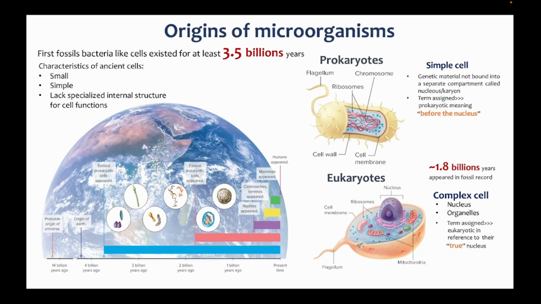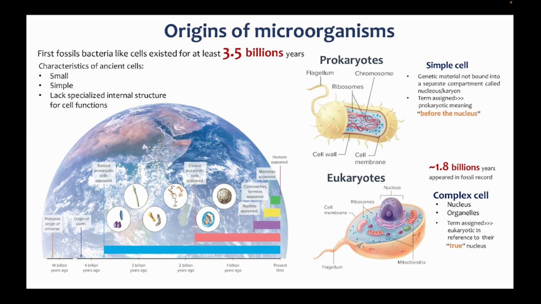Origin of microorganisms: 3.5 billion years ago. The belief is that simple organisms emerged first. Okay, simple organisms, which means the single cellular prokaryotes, emerged first before it became more and more complex.